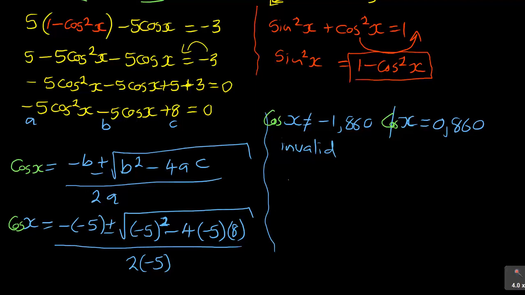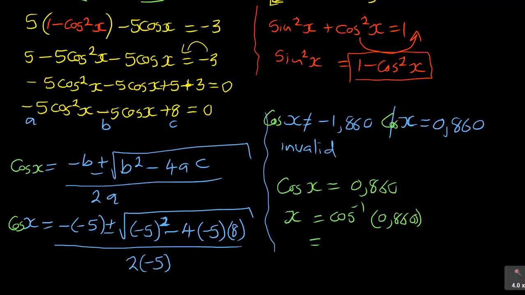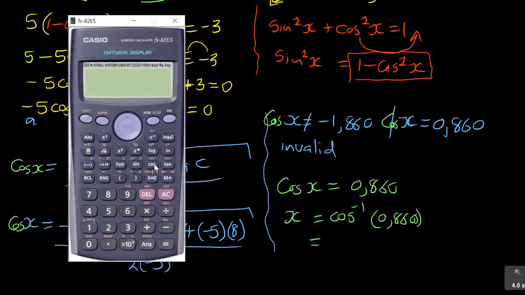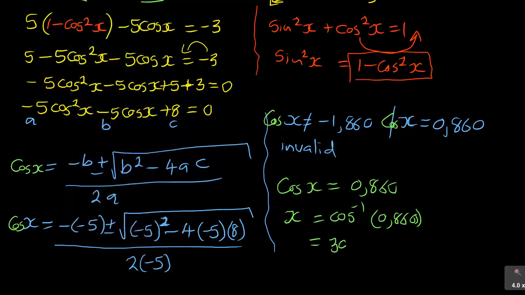So what we're saying is cos x is equal to 0,860, such that x is now equal to arc cos of 0,860. So you're going to have two different x's. When you do that, you press shift cos of 0,860, then you get the angle, which is 30.683.